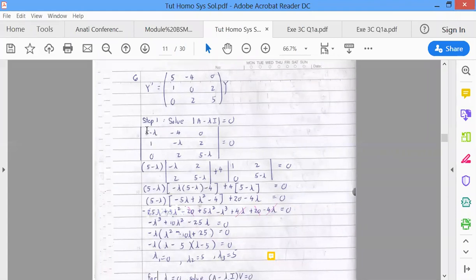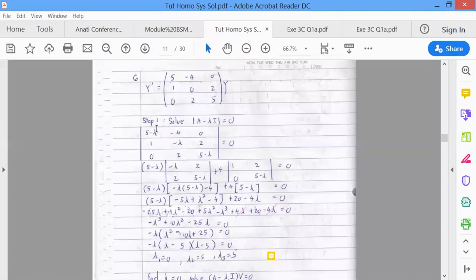To solve the determinant, normally you can take any row or any column. Actually, next time I should take the first column because this coefficient is 1. But I already took the first row.